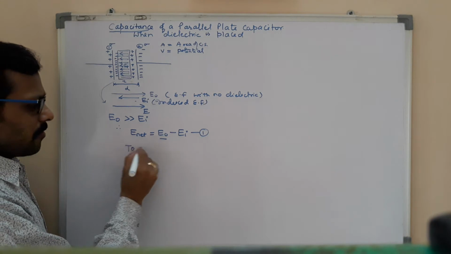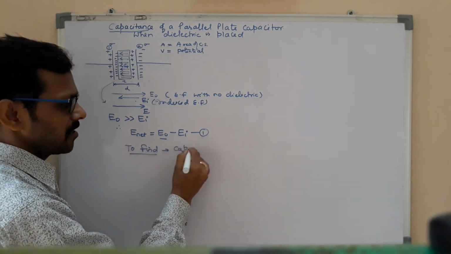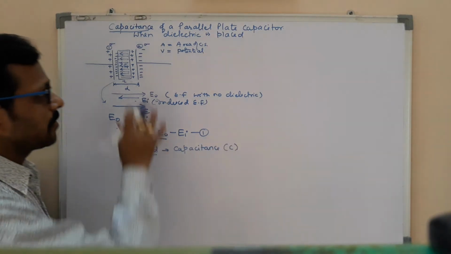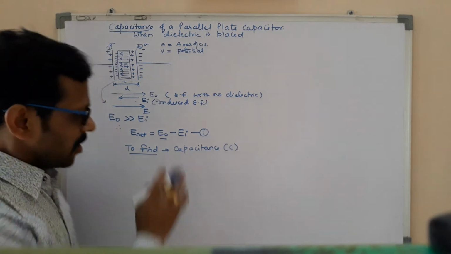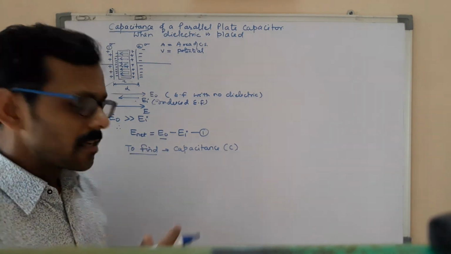So what are we to find? Capacitance. C is the symbol which is to be calculated when the dielectric is placed. Now let me see its solution.